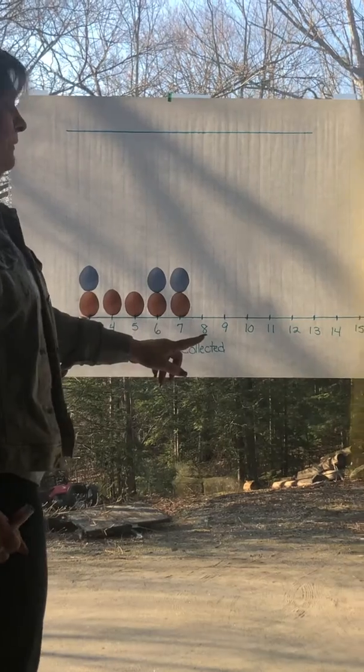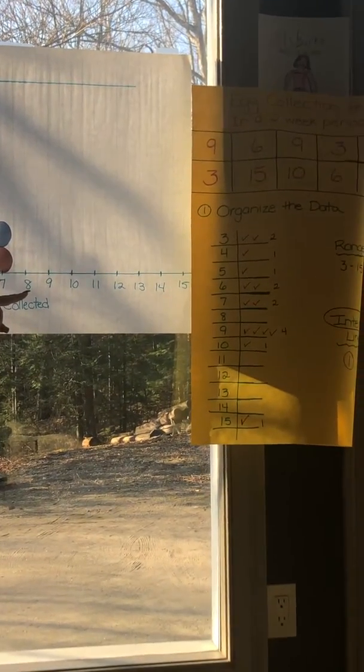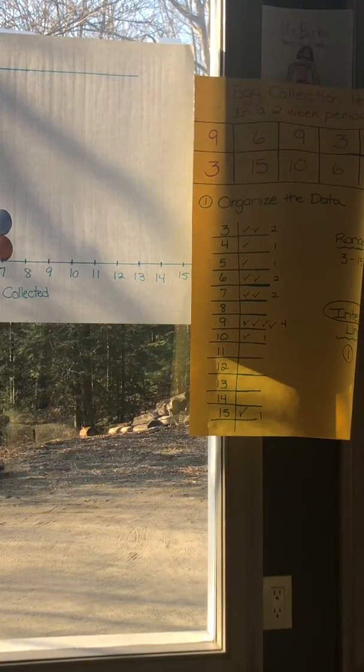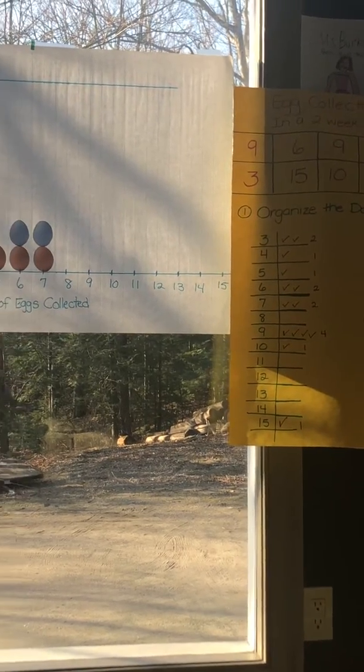So there was never a day where 8 eggs were collected. So then when we go on to 9, and there were 4.